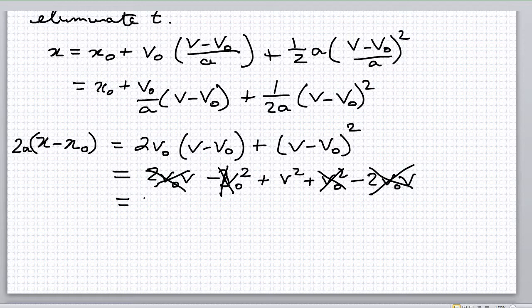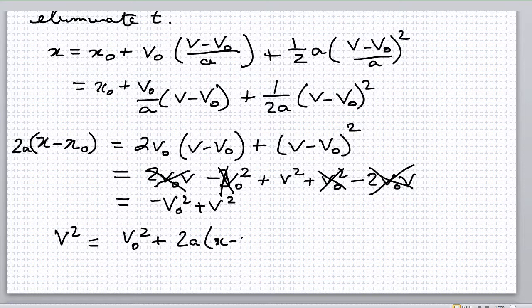So what I'm left with is minus v naught squared plus v squared. Right? I'm going to add v naught squared to both sides, and I'm going to invert the equation so it says v squared equals v naught squared plus 2a times x minus x naught. And that is the fourth kinematics equation.